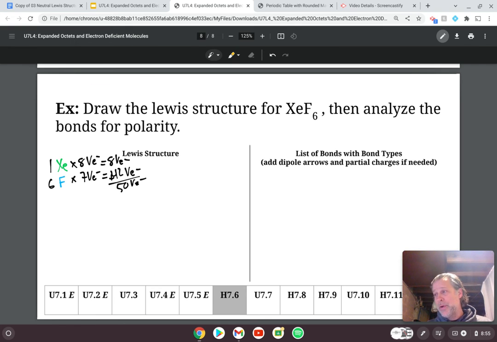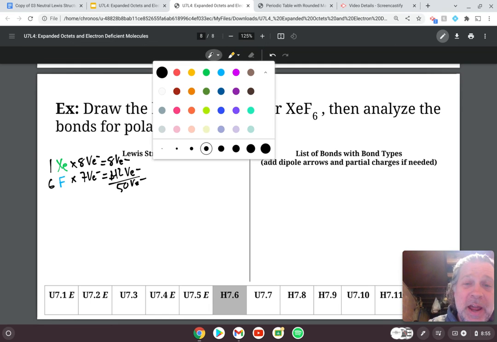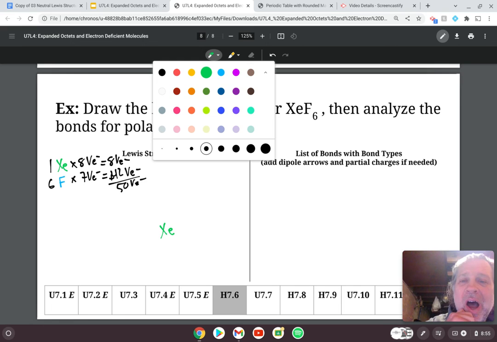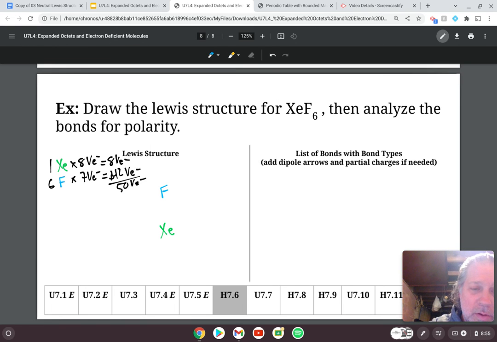Okay, so now we are going to go ahead and place our central atom. So xenon, I'm going to go right here in the middle, and I'm going to place my 6 fluorines around. So 1, 2, 3, 4, 5, 6.